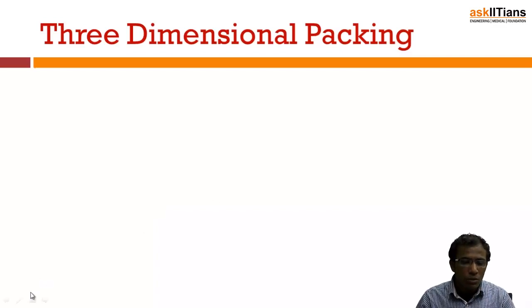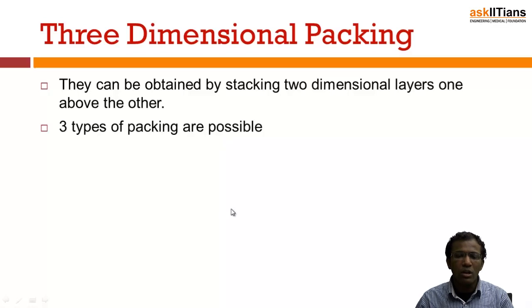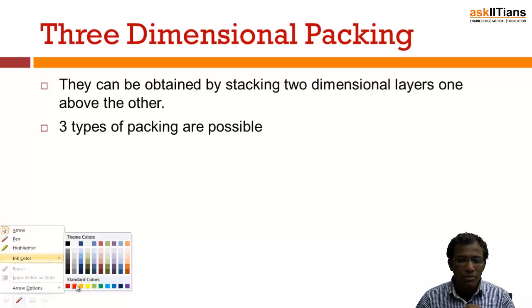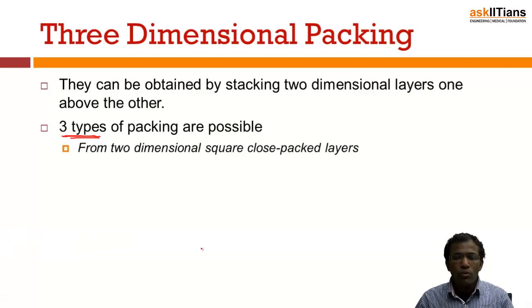Okay. So let's see how many different 3D packings are possible. They can be obtained by stacking two-dimensional layers one above the other, which I already said just now. So a total of 3 types of 3D packings are possible. Let's see what those 3 types are. One type is from two-dimensional square close packed layers. We have seen square close packing, right?